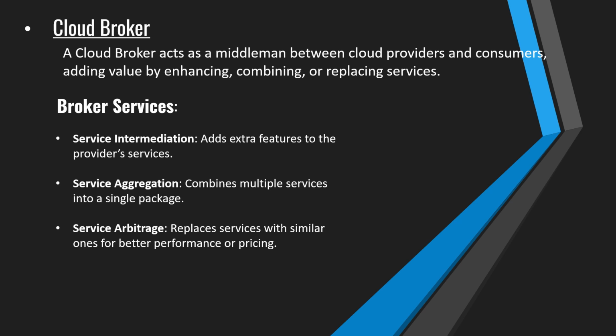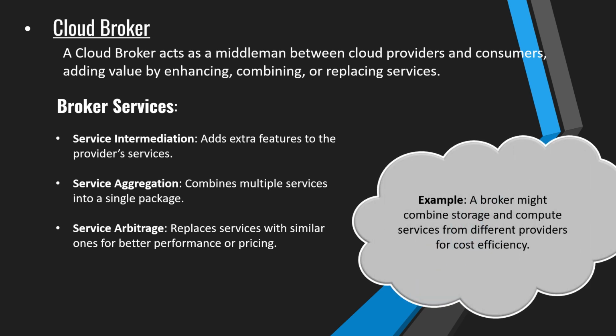There are three types of broker services. Service intermediation adds extra features to the provider's services. Service aggregation combines multiple services into a single package. There are different services, and it will combine them into one package and show it to the users, enhancing the features of the cloud. Service arbitrage replaces services with similar ones for better performance or pricing.